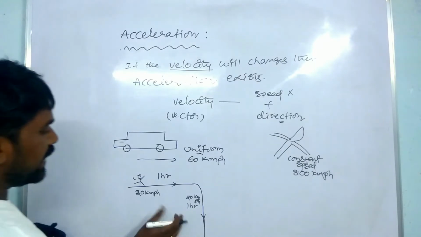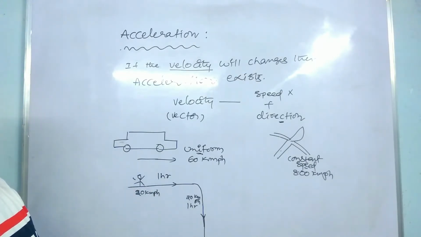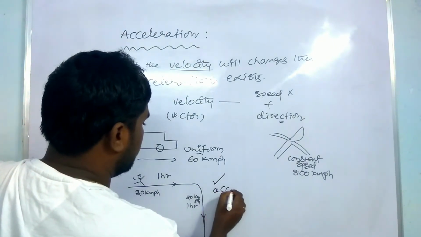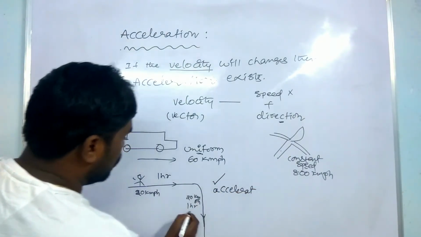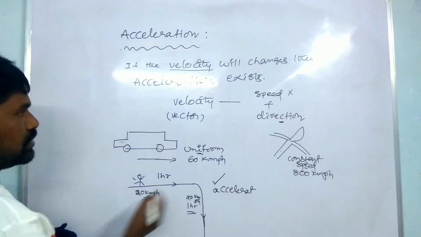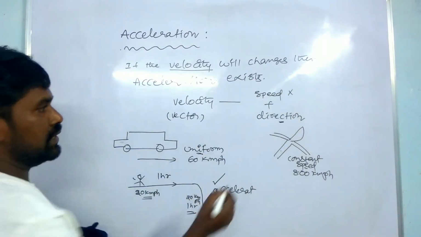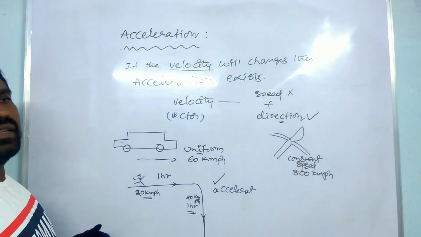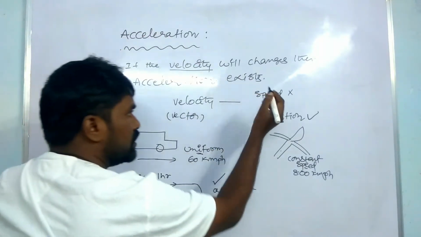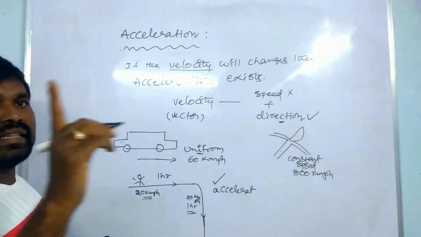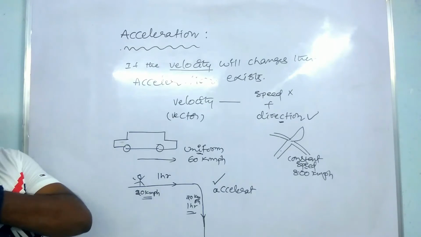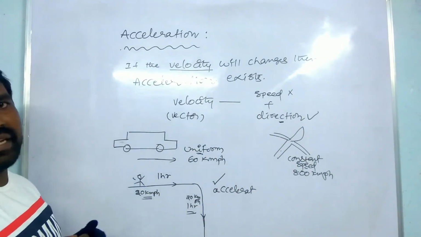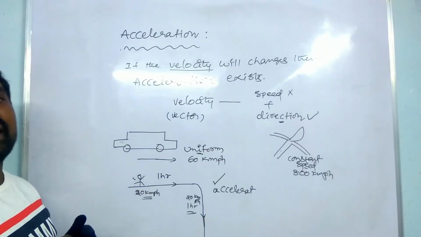Is there any acceleration here? Obviously, yes. Because the speed is 20 kmph, 20 kmph, the speed does not change, but the direction changes. If the speed does not change but the direction changes, then acceleration exists.